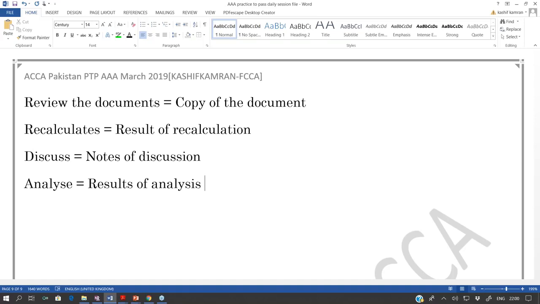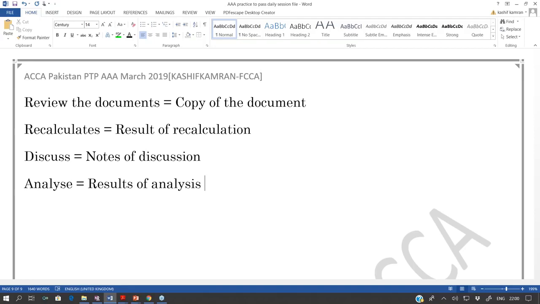So is the examiner asking you to write a procedure, or is the examiner asking you to write an evidence? If the examiner asks you to write a procedure, I'll be writing the left hand side. But if the examiner asks me to write an evidence, I'll be writing the right side. Can you see the left side and the right side? All of you?